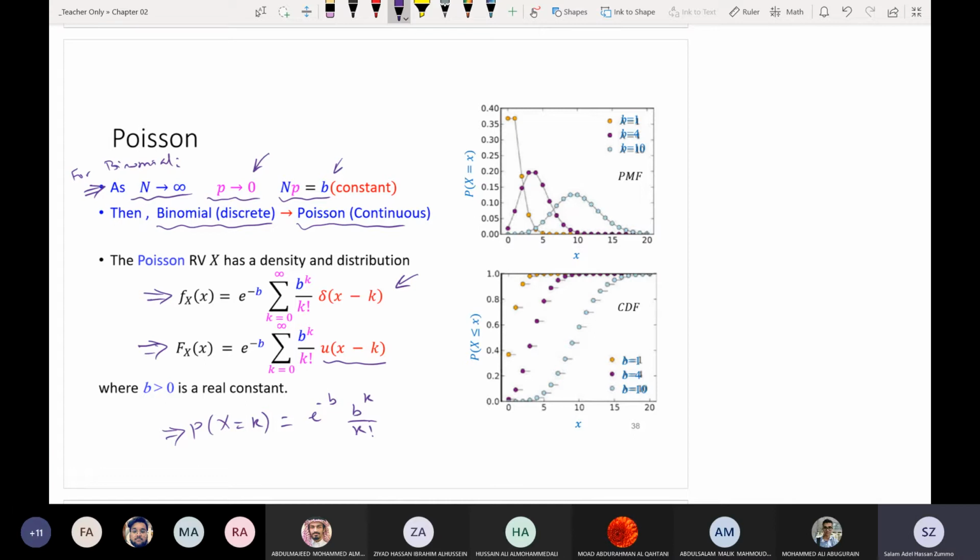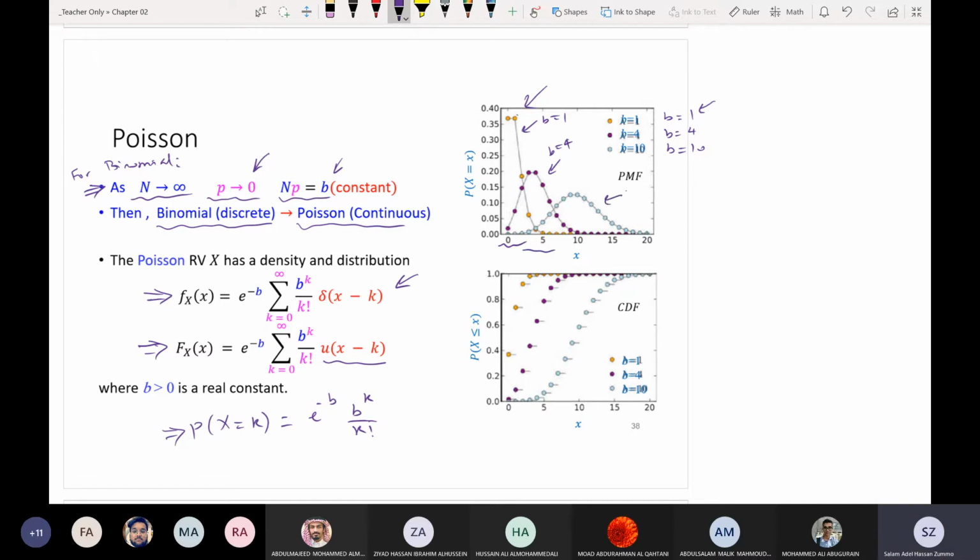And you can see, for example, here, this is for b equal 1, b equal 4, b equals 10. If b equal 1, it means it is highly unlikely that this random variable will be large, and because of that, you can see the peak is around very small values. While this is b equal 4, you can see that it is more distributed and the peak is around 4.